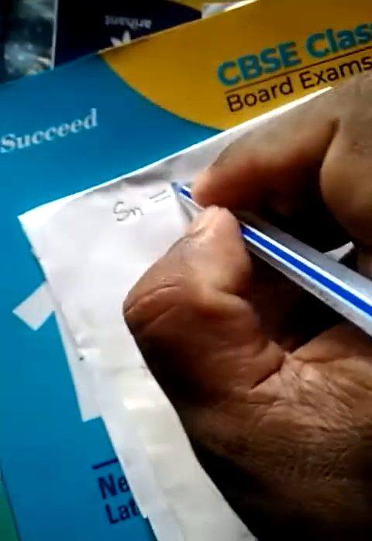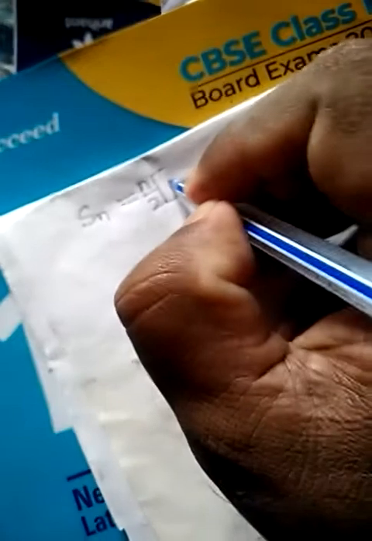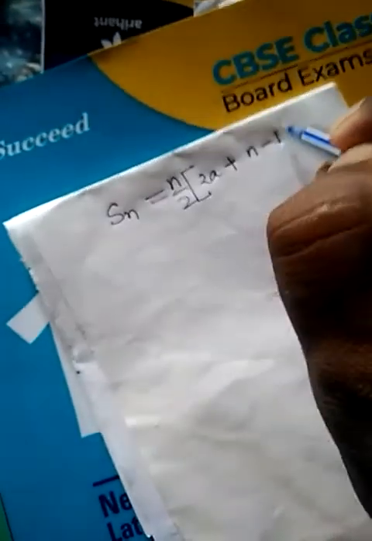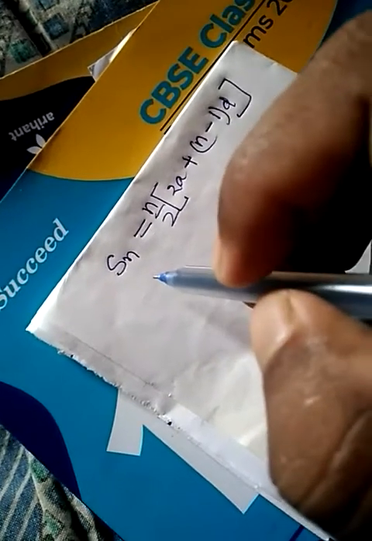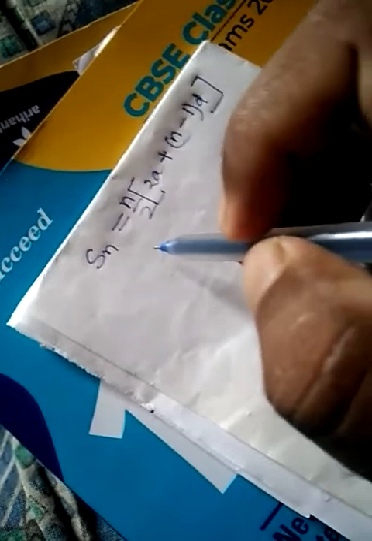The formula is Sn equals n by 2 into 2a plus n minus 1 into d. So this is the formula to obtain the sum of the first n terms of an AP.